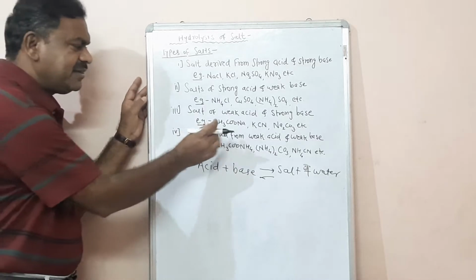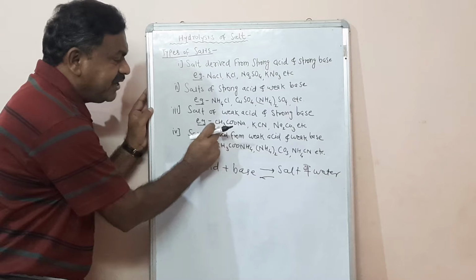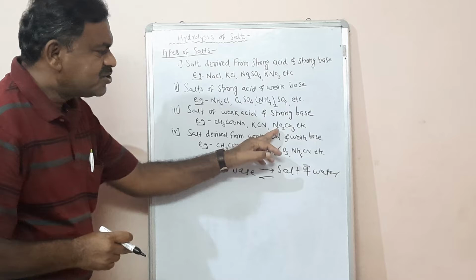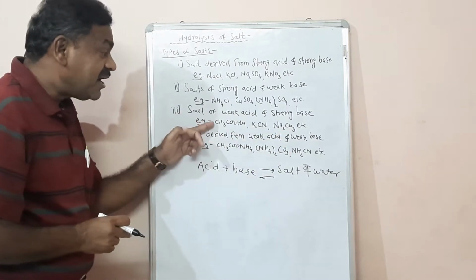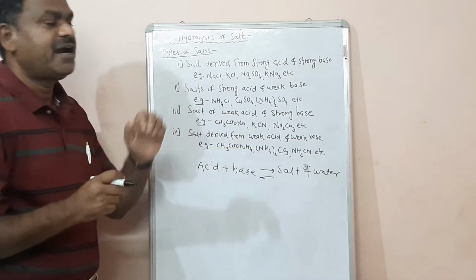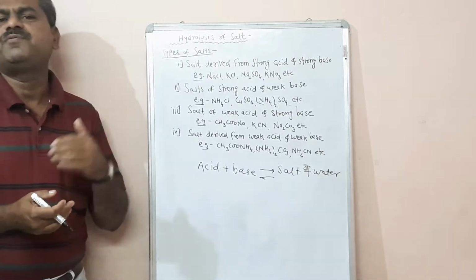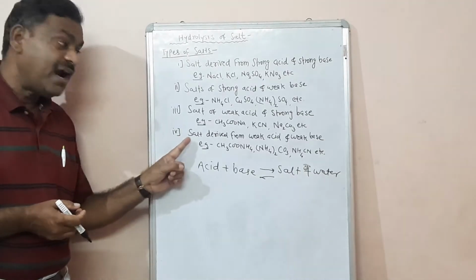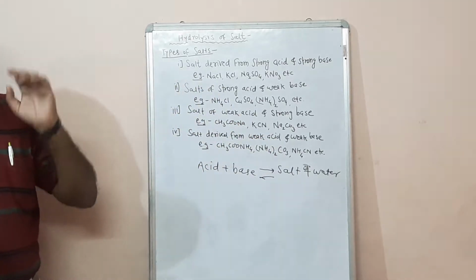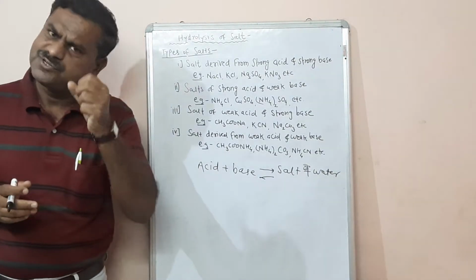For example, sodium acetate, potassium cyanide, then sodium carbonate. Now these are examples of salt of weak acid and strong base. And the last type of salt is derived from weak acid and weak base. They are the four very important types in the hydrolysis of salt.